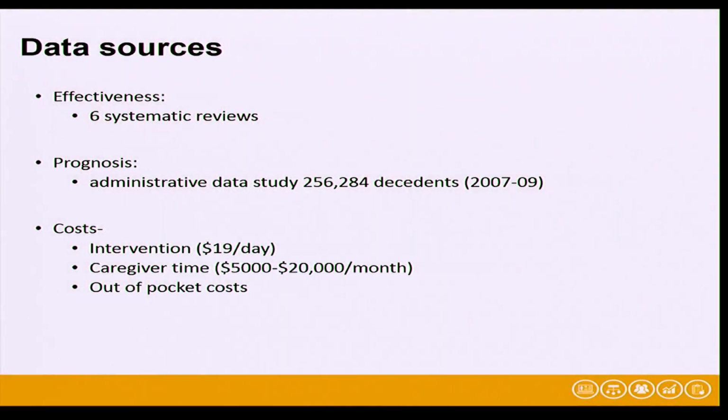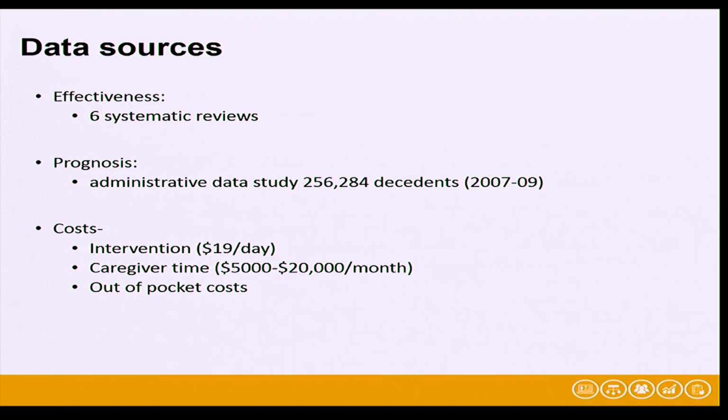We took our data sources from many places. We did 6 systematic reviews to inform our effectiveness parameters. We obtained our estimates of prognosis from administrative data looking at over 250,000 patients who had died in Ontario between the years of 2007 and 2009, and traced their prognosis through these health states.